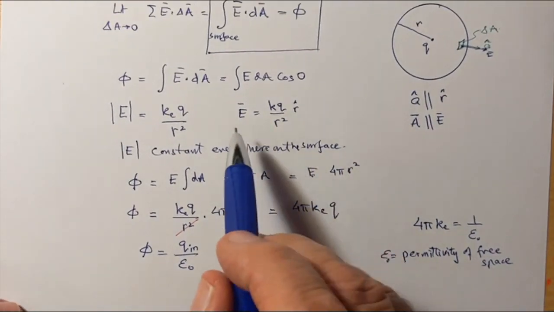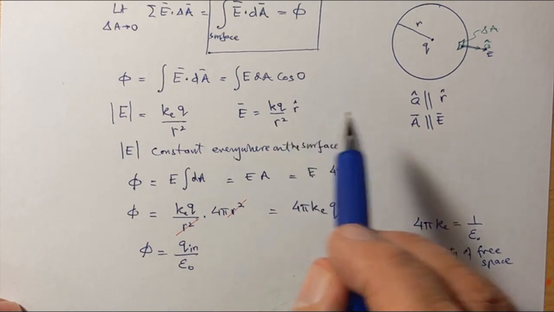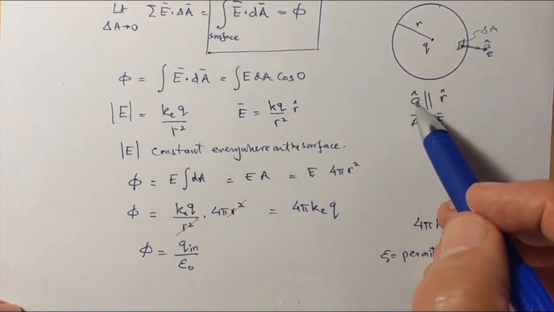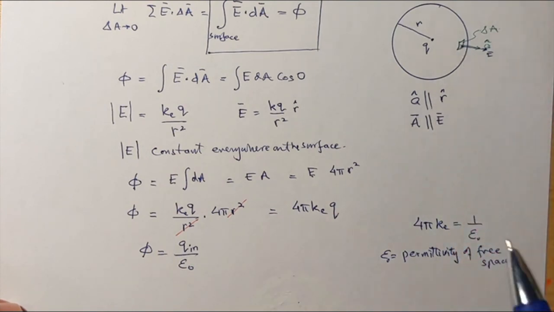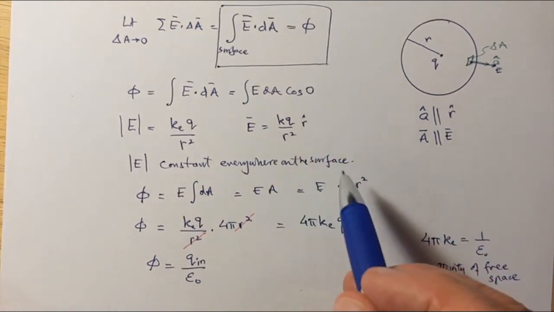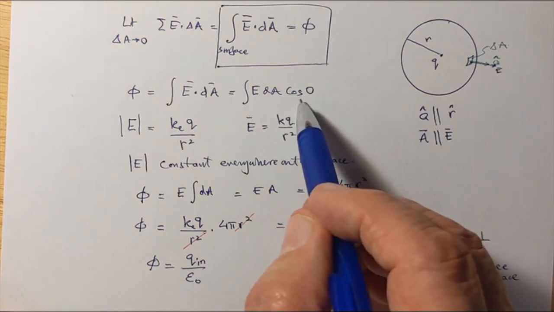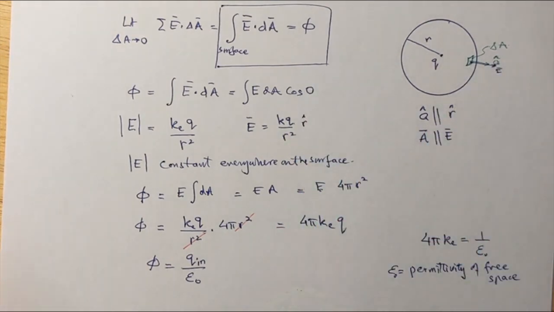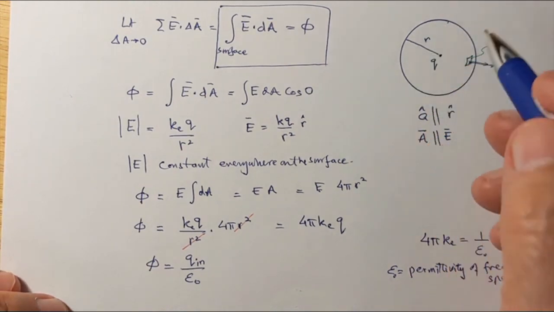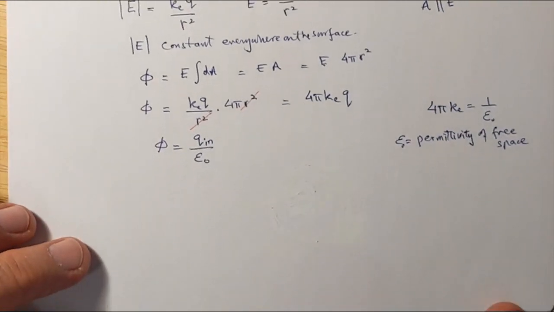In that case, the direction of the electric field and the direction of the little area here would not be parallel, and so we would not be able to have a cosine 0 everywhere. It'll be 0 at just 2 points, but it won't be 0 everywhere. So if the charge is not right in the middle, then what happens?